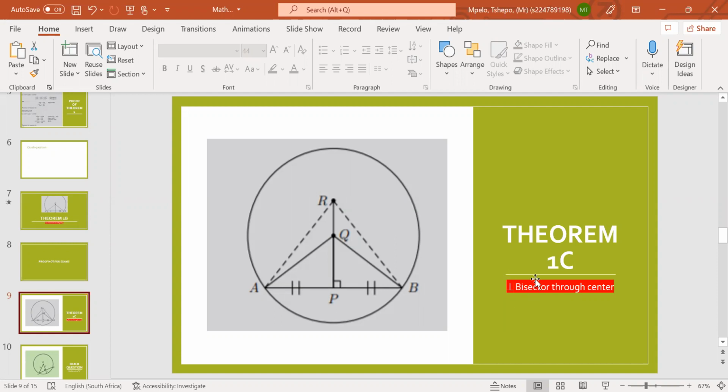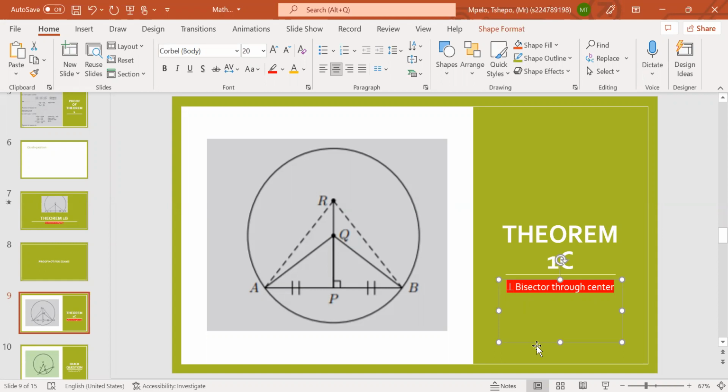Or the perpendicular bisector: a line perpendicular and bisecting a chord. So make sure you are memorizing the reasons with a sensible foundation.